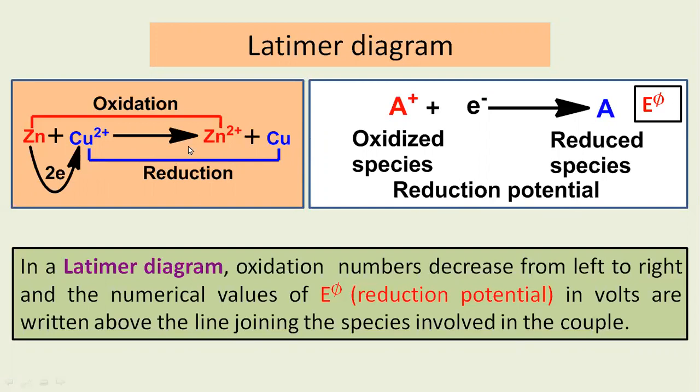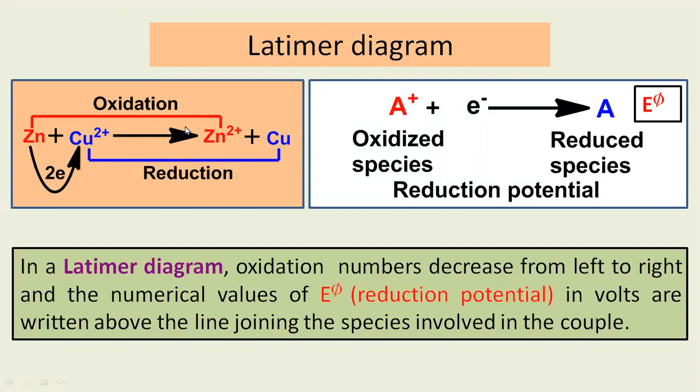Reduction potential means that whatever the couple, you have to represent it in this form: the oxidized form on the left hand side and the reduced form on the right hand side. Copper is already in this form.